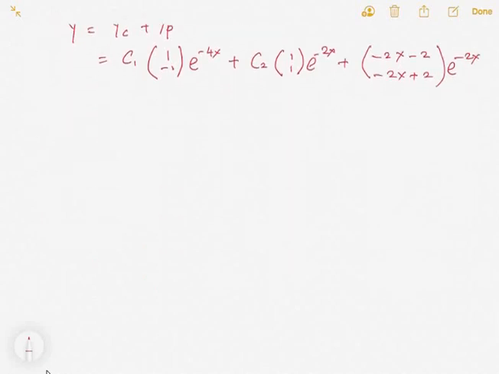So part 4 will be, you have to substitute the values for the initial condition. So when x is equal to 0, y1 equal to 1, and y2 equal to negative 1.